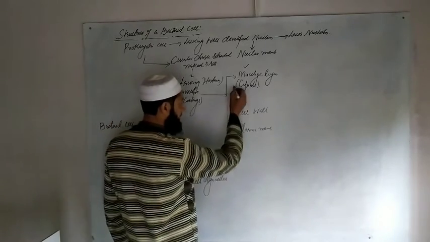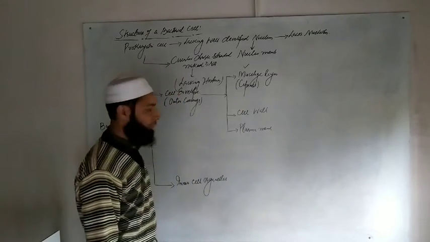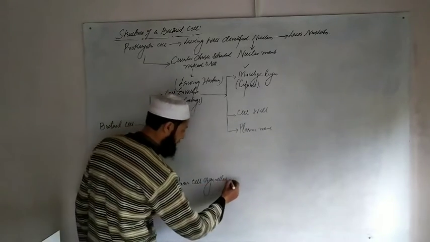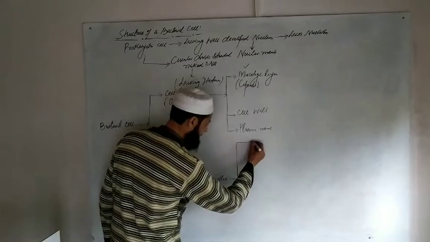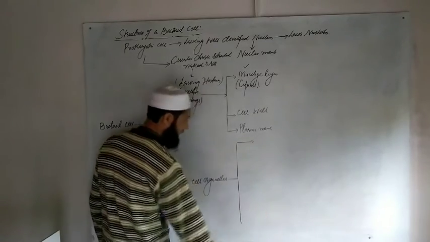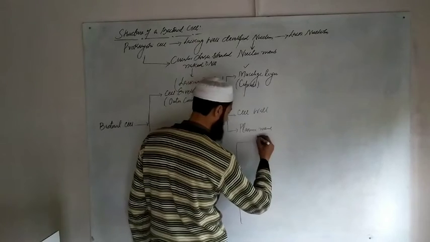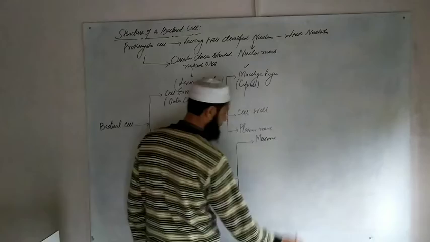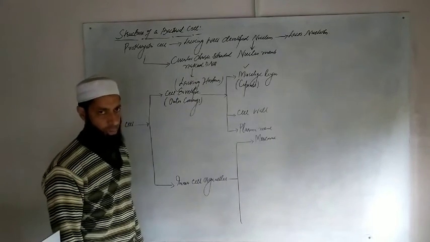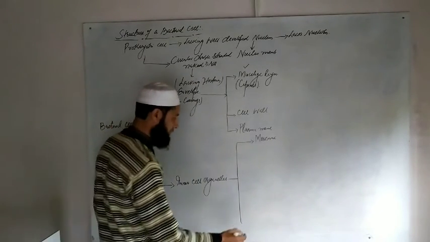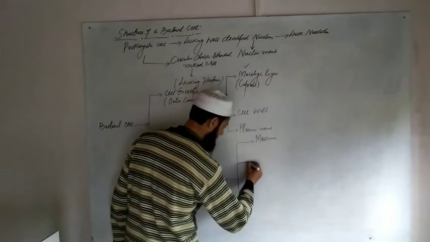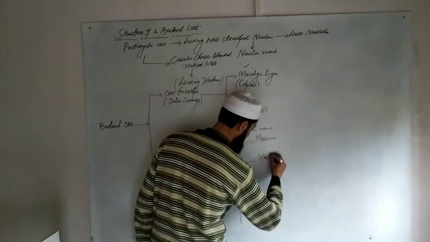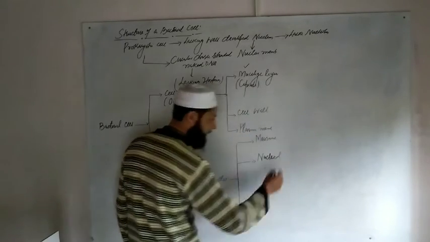Bacteria also bear a cell wall. Inner to the cell wall you have the plasma membrane. The inner part consists of, first, the mesosome, which is equivalent to the mitochondria of eukaryotes. Second, you have the nucleoid or naked DNA.